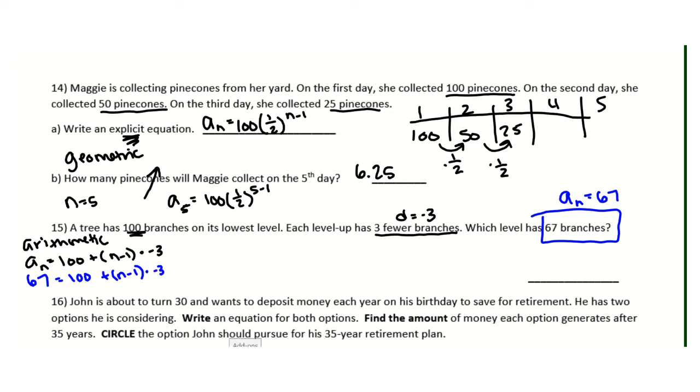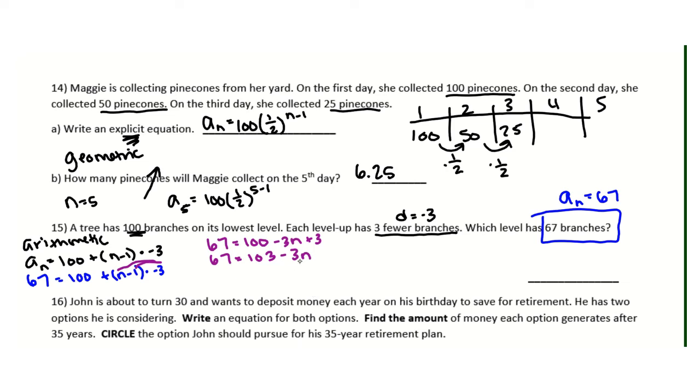I'm going to use this equation to solve for n. My first step would be to distribute this negative 3. So I'm going to have 67 equals 100 minus 3n plus 3. So I'll have 67 equals 100 plus 3 is 103 minus 3n.